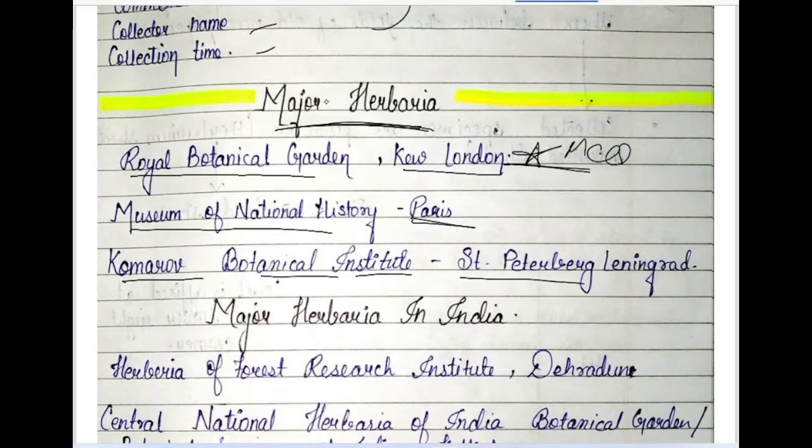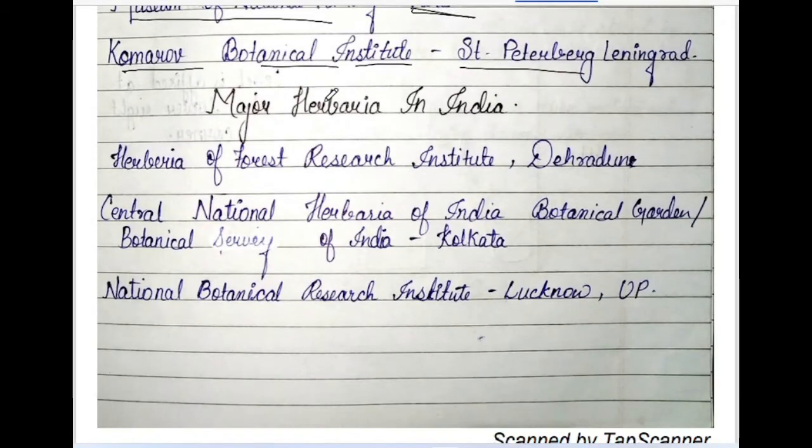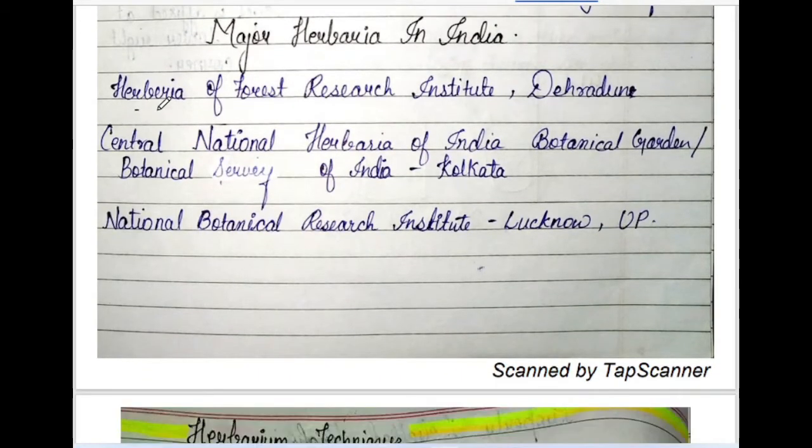Major herbaria in India: the herbarium of the Forest Research Institute in Dehradun; the Central National Herbarium of the Indian Botanical Garden, also known as the Botanical Survey of India, in Kolkata; and the National Botanical Research Institute in Lucknow, UP.